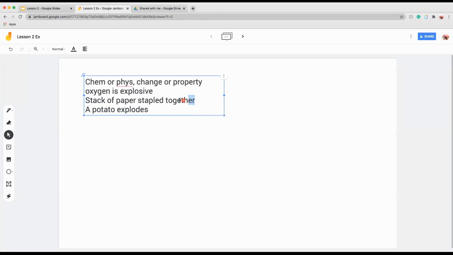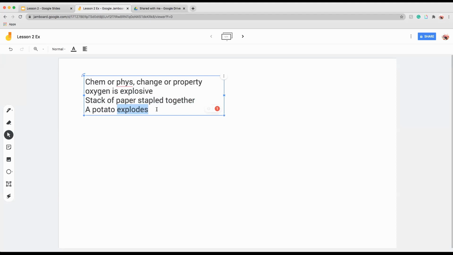All right. Stack of papers gets stapled together. Physical change, property, or chemical change or property? Physical change. Yeah. And then, a potato explodes. Go. Chemical property? Try again. Physical change.